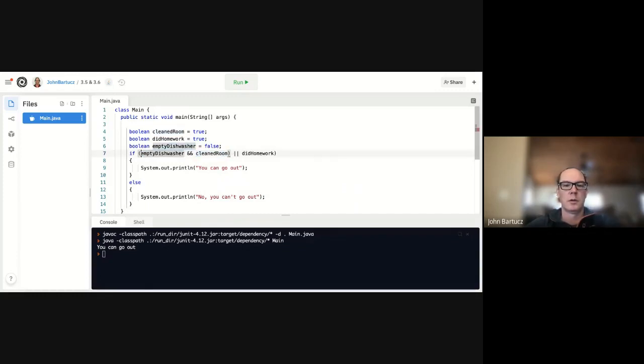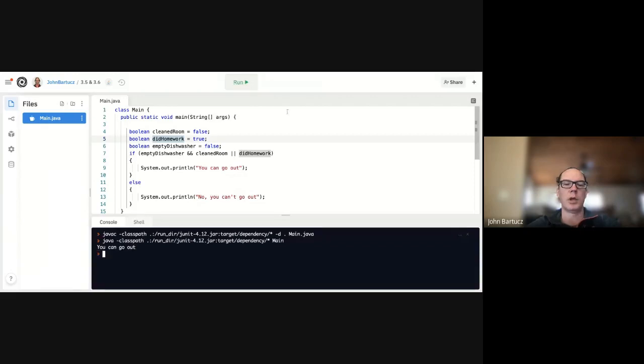Which takes precedence, the and or the or? Which one is stronger? The strongest one is the and symbol. So in this case, it would be dishwasher and clean room, or homework. So if dishwasher and clean room are both false, but homework is true, it will still print you can go out.